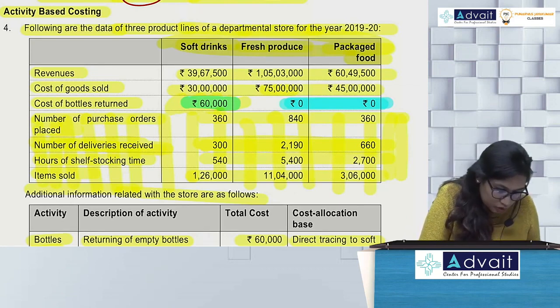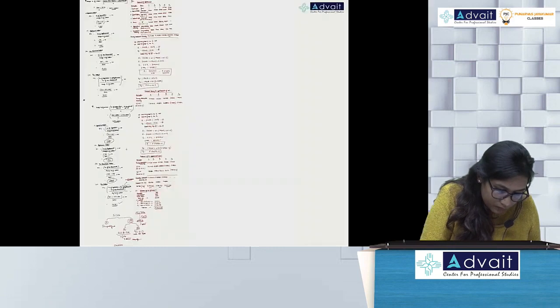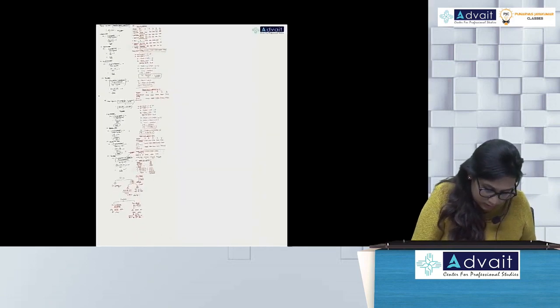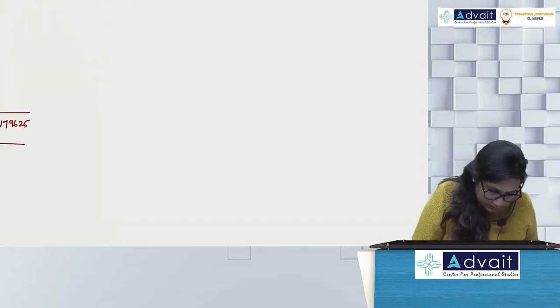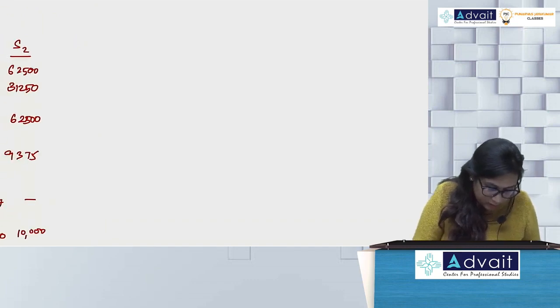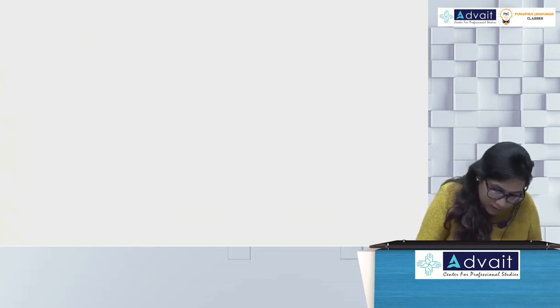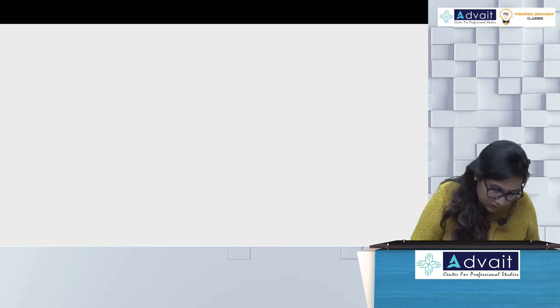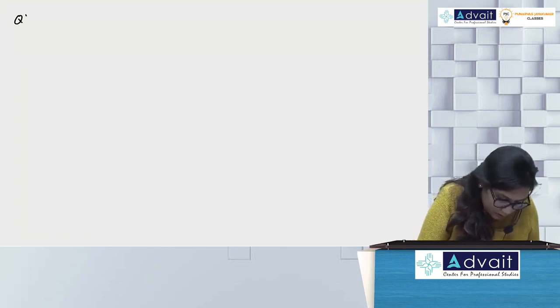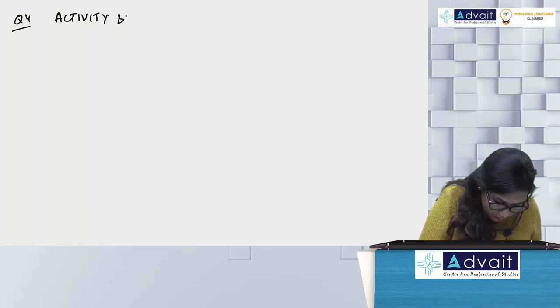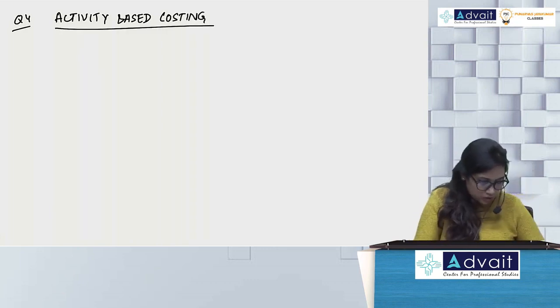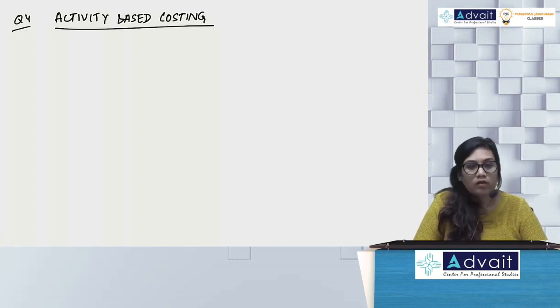So let's go to our classwork, where we will be calculating or solving all the sums. So this is question number 4, which is activity based costing.